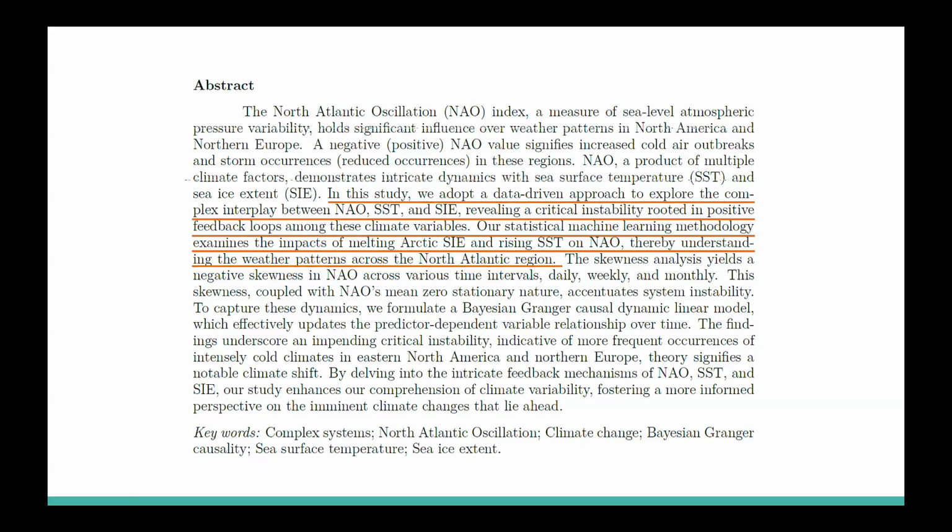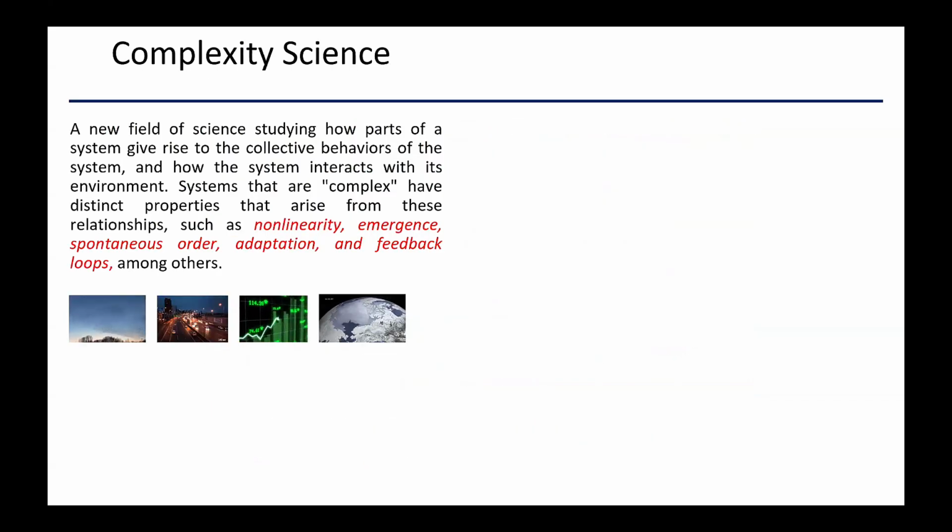As you see in the keywords, we have focused on what are called complex systems, and on trying to understand what type of climate change we have. The first question that might come to your mind is: what is a complex system?